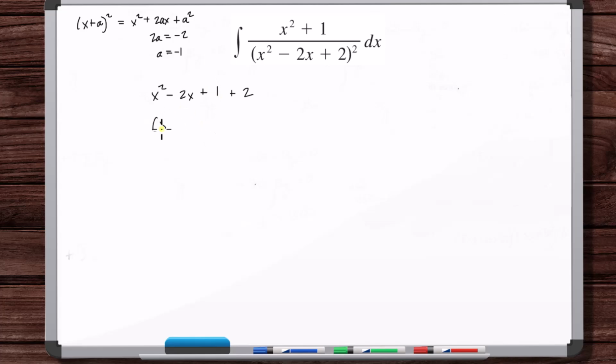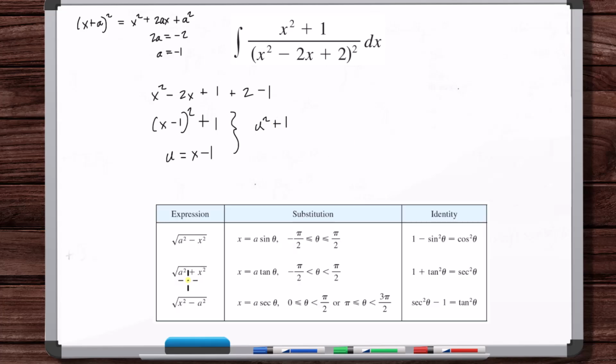So this is x minus 1 squared, and then minus 1. So x minus 1 squared plus 1. So now if we say that u is equal to x minus 1, then we've got u squared plus 1. So that's here, x squared plus a squared.